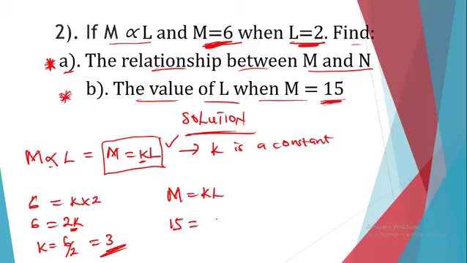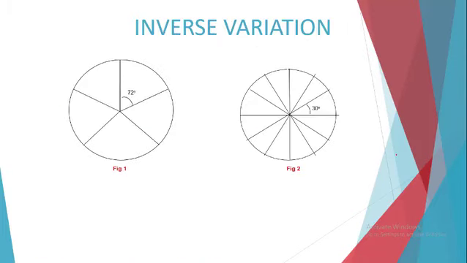K is 3 times L, because L is not given. So 15 is equal to 3L, making L the subject of formula. L is equal to 15 over 3, and then L is equal to 5. Have you seen how simple it is? As simple as this. So let's look at inverse variation, the second type of variation.